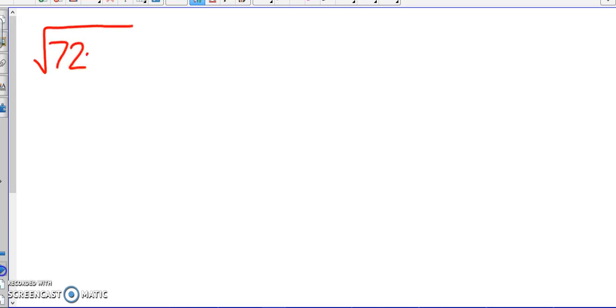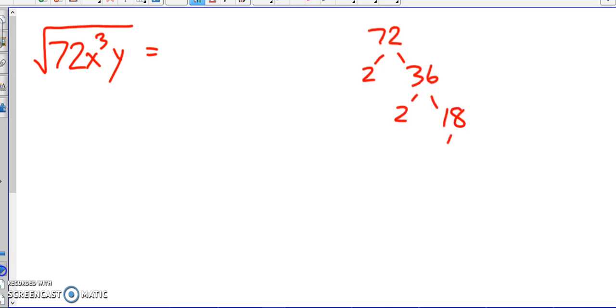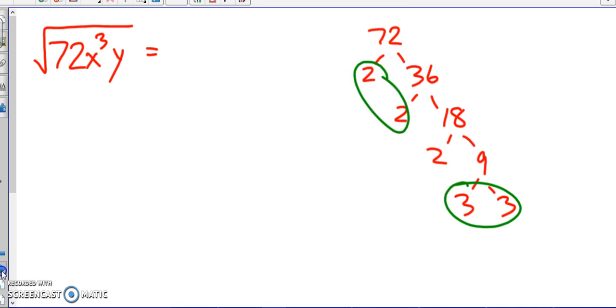Square root of 72x cubed y. Well, 72 is 2 and 36, 2 and 18, 2 and 9, and, well, I've pretty much got this done already. So once again, this is 6 square roots of 2.